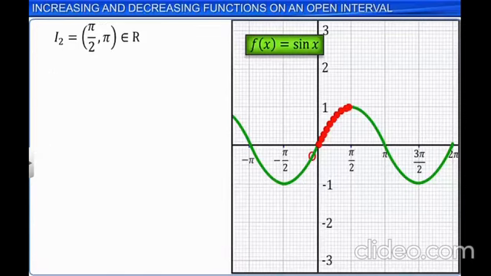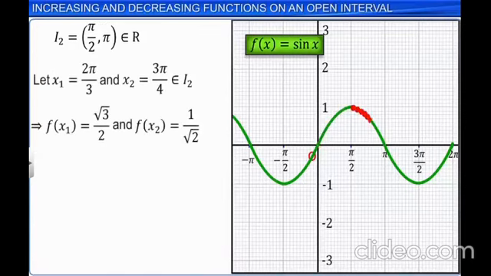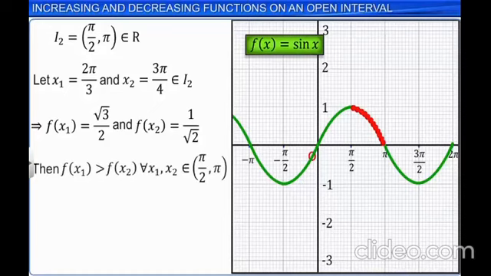However, if we consider any 2 points, x1 and x2, between pi/2 and pi, such that x1 is less than x2, then f of x1 is greater than f of x2. This shows that sine x is strictly decreasing on interval I2.